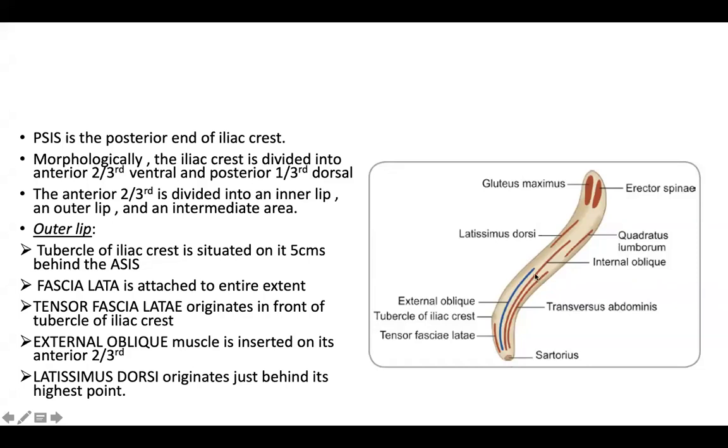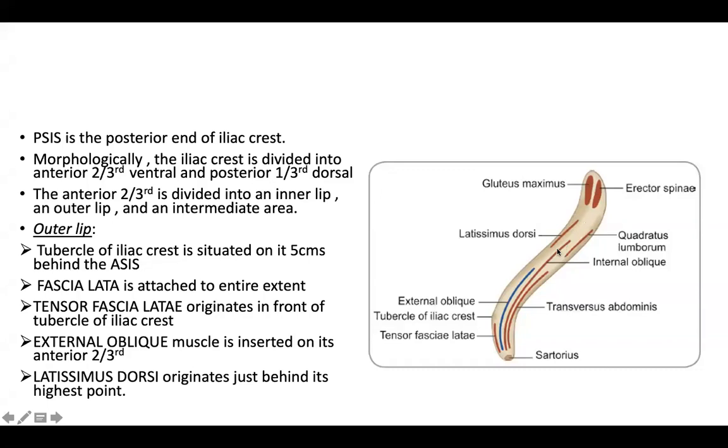This iliac crest is divided into anterior 2/3 and posterior 1/3. Up to here is anterior 2/3, and from here it is posterior 1/3.